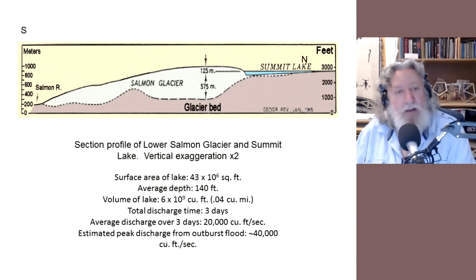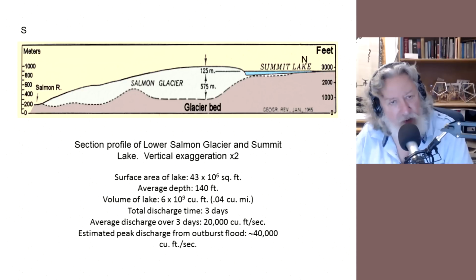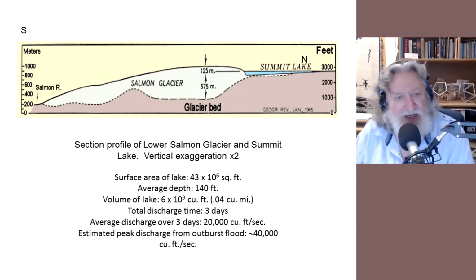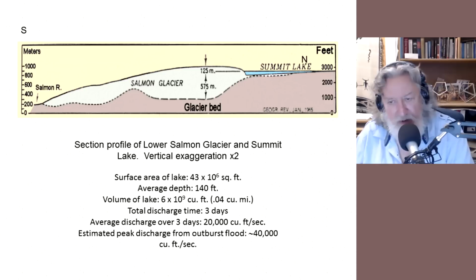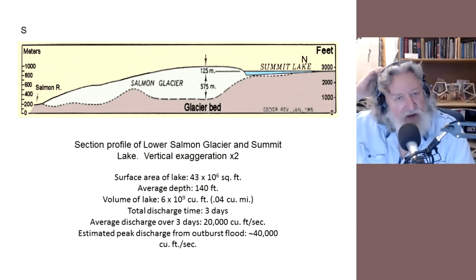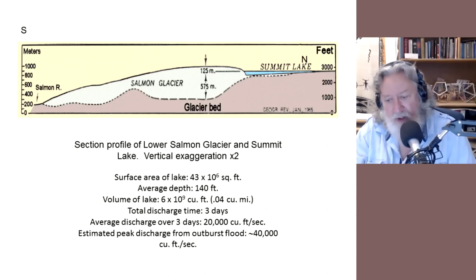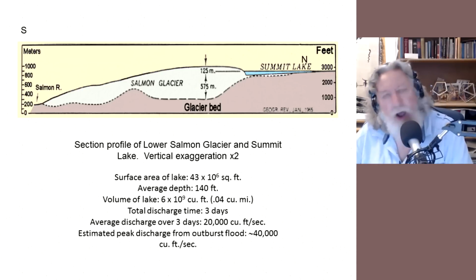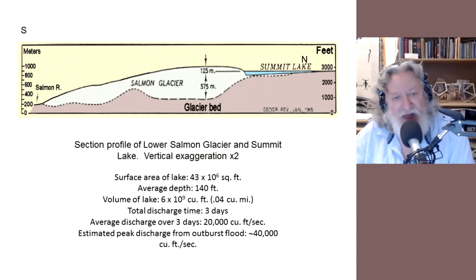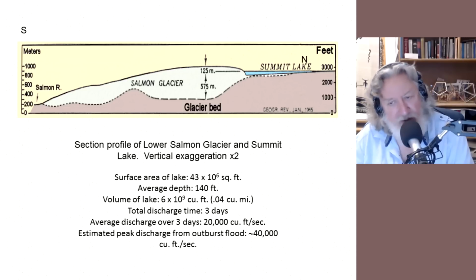That means Lake Missoula at its ice dam was 15 times deeper than Summit Lake, which would be one of the deeper lakes at 140 feet. Volume of the lake, 0.04 cubic miles, so this was a little bit bigger. Lake Missoula was a mere 15,000 times larger than this lake.